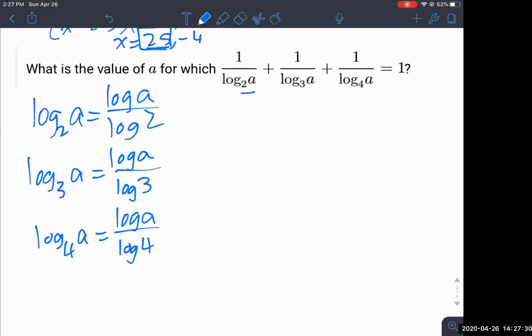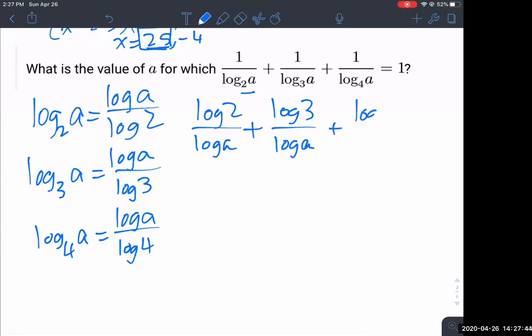So now we can put all of these back in, and the reciprocal of this is log 2 over log a. This one is log 3 over log a. And then this is log 4 over log a. It's equal to 1. So we can combine that all into one fraction since they have the same denominator.